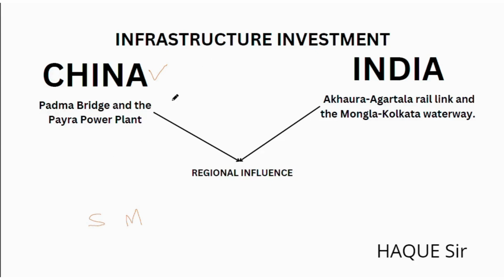If we look at the Bangladesh perspective, China's heavy investment in Bangladesh's infrastructure, such as the Padma Bridge and Paira power plant, has definitely boosted China's economic influence in Bangladesh. In contrast, India is mainly investing in bilateral connectivity projects like the Akhaura-Agartala rail link and the Mongla-Kolkata waterway. This definitely gives regional influence to these countries.